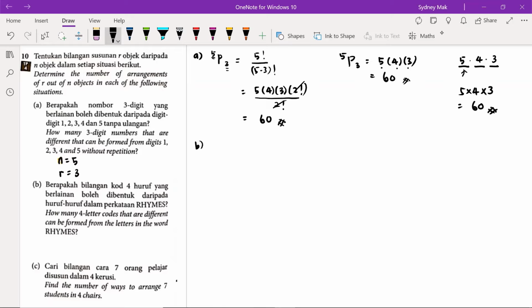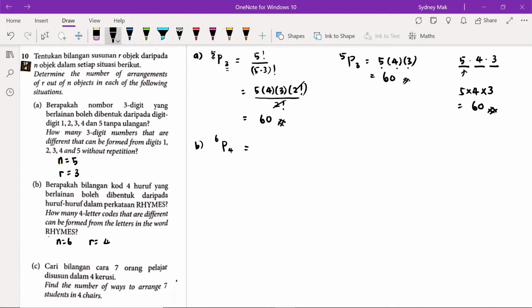And then for B, how many 4-letter codes that are different can be formed from the letters in the word rhymes? So R, H, Y, M, E, S are all different. Therefore n equals 6, and r is 4 for the 4-letter codes. So we can use 6P4. We can either use the formula or the calculator.